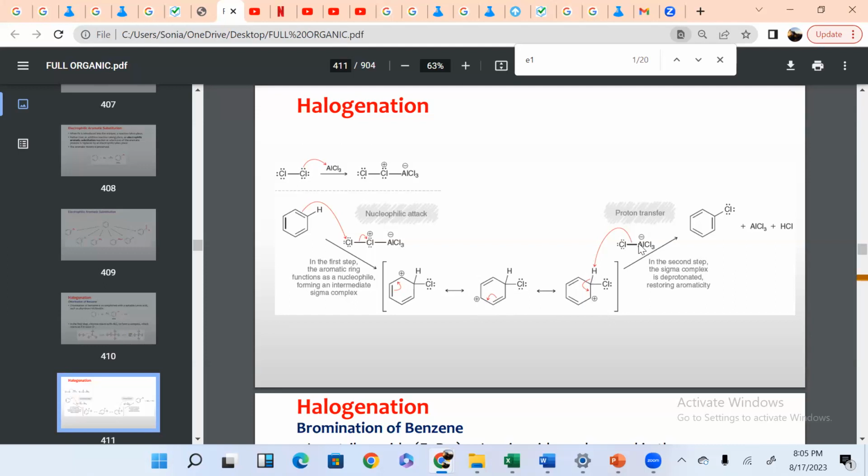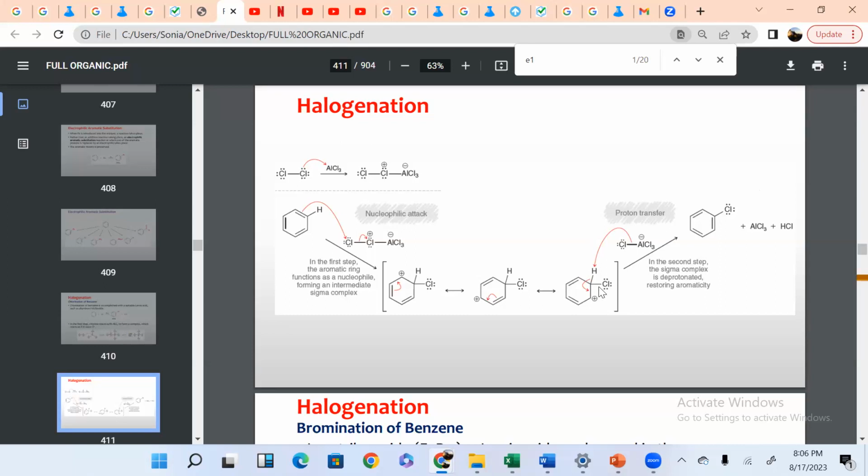The complex that we had formed picks up this proton, and that breaks this bond, restoring aromaticity in this compound. The aromaticity of benzene is restored, and we have the chlorine now attached. So we've achieved the halogenation of the compound.